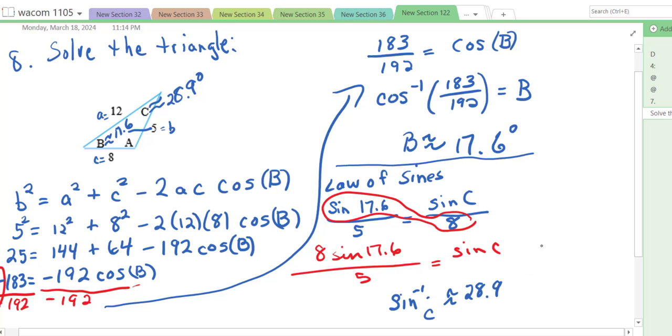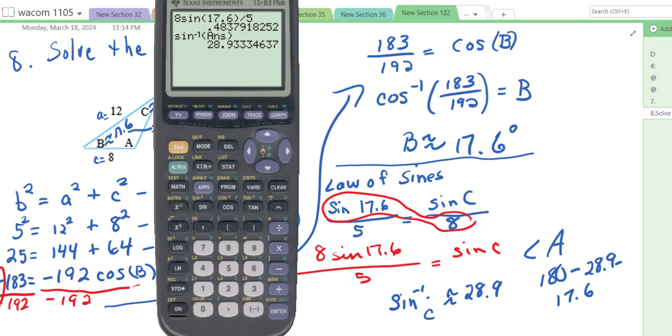And then for angle A, 180 minus 28.9 minus 17.6 should give you the other one. 180 minus 28.9 minus 17.6. Enter. 133.5.